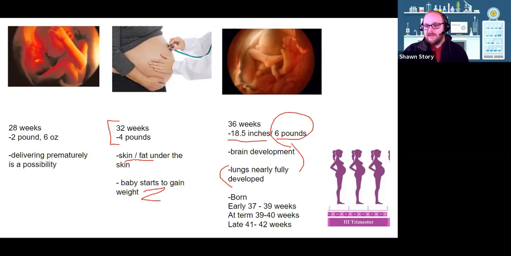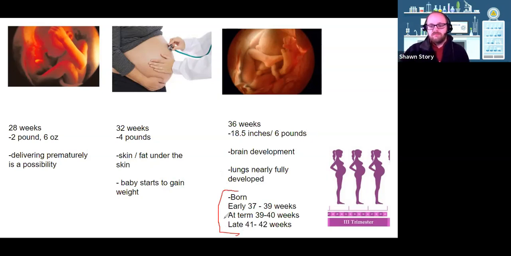And then for timeframes for birth itself, anything between 37 to 42 weeks is the time frame for pregnancy. It is considered a little early between 37 to 39 weeks.